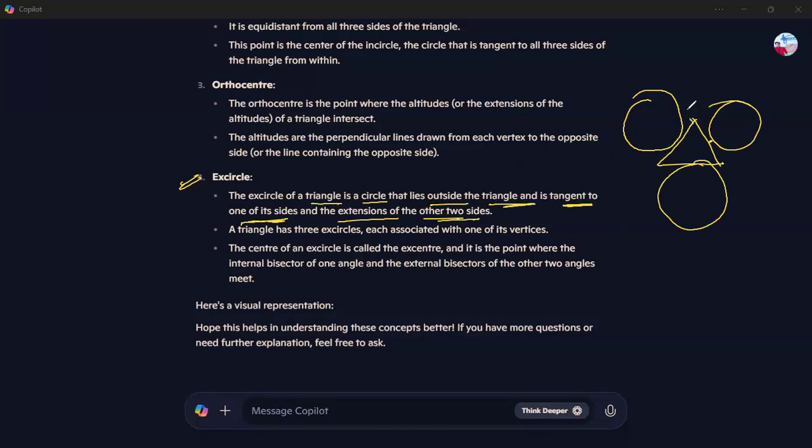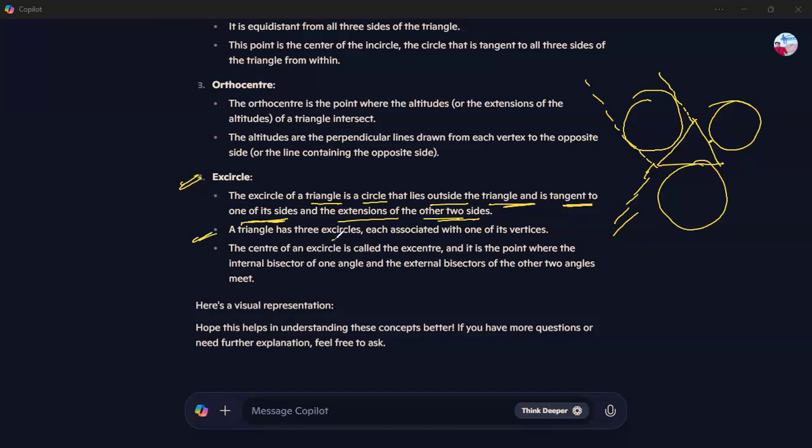Basically, if you extend these sides, they will also be tangent at these points. I have not been able to make a perfect drawing. Let me show you the perfect drawing in a moment. First, let's cover other points.